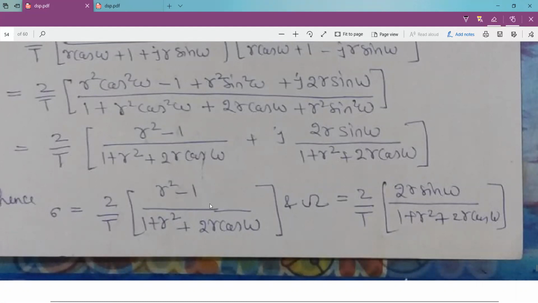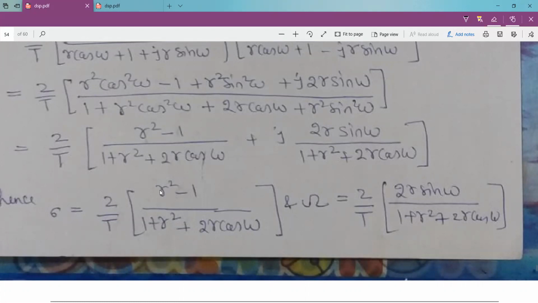So the subtraction R square minus 1 will be a negative quantity. So all the values inside the unit circle will result in a negative sigma value. Meaning that the left hand side of the S-plane lies inside the unit circle.